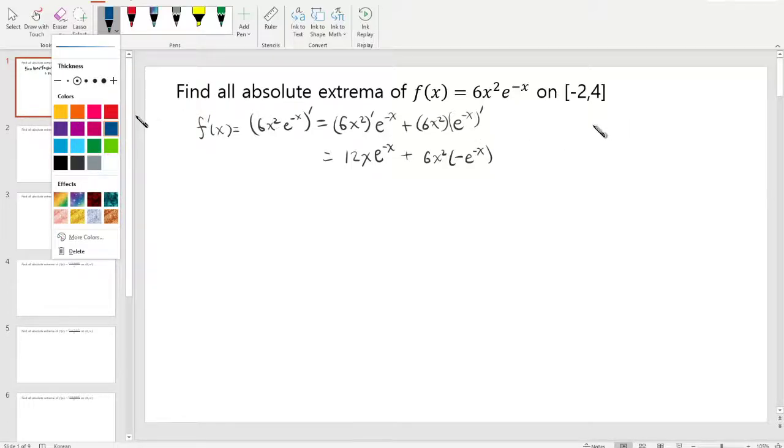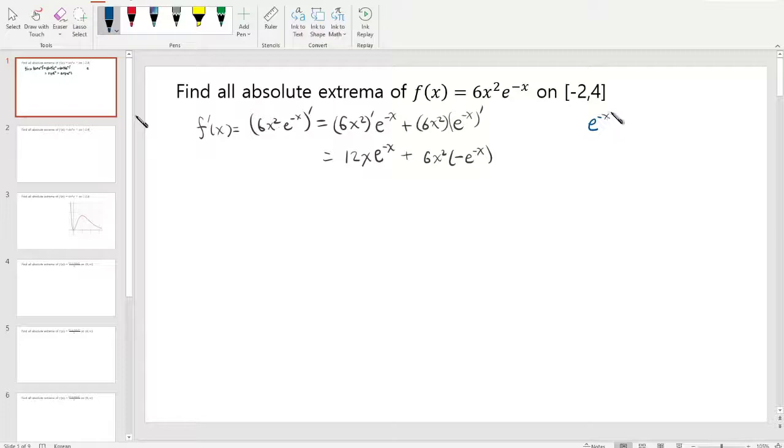So, if you differentiate e to the negative x, you can think of this negative x as a big X, right? And if you think about e to the big X, e to the x differentiates to e to the x, where by big X, I mean the negative x.